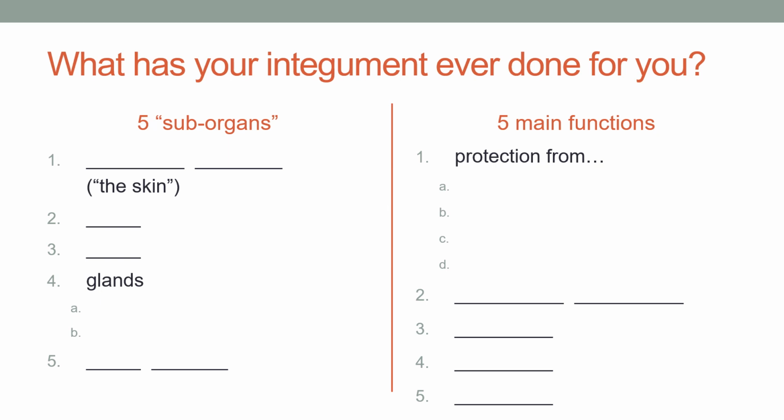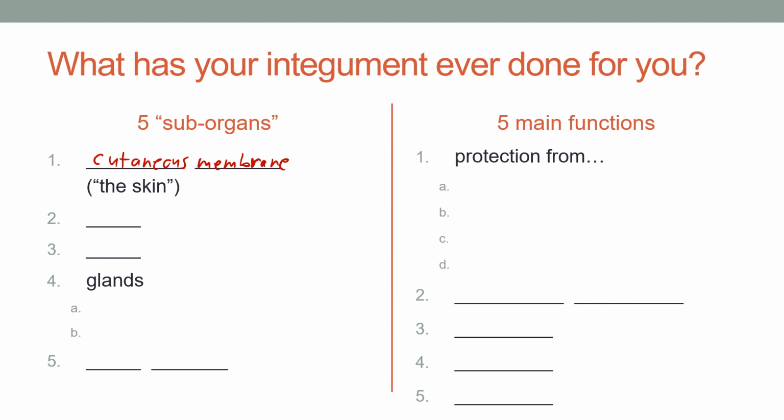All right, so what are the sub-organs of the skin? The first and most obvious is what we call the cutaneous membrane, or the skin. The cutaneous membrane is an epithelial membrane.